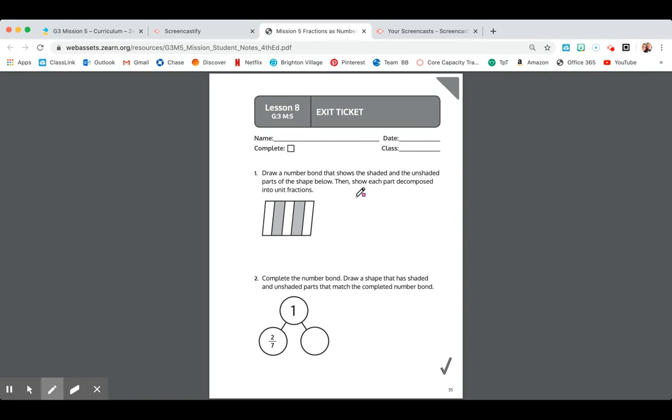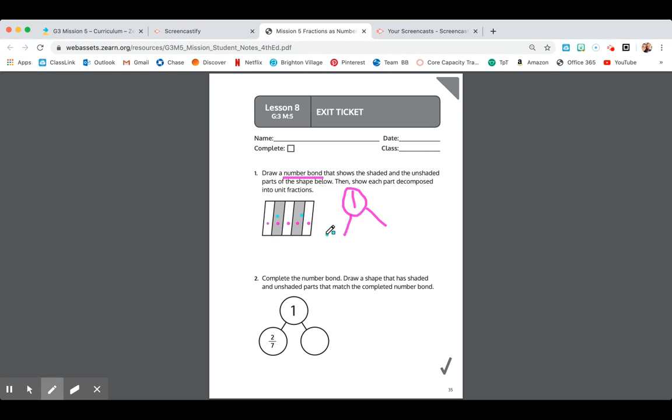Okay, so a number bond is when we look and we say if we have one whole, that can be represented by different parts. When we talk about fractions, specifically for this example, we're talking about the shaded and unshaded fractions. So there are 1, 2, 3, 4, 5 equal parts.